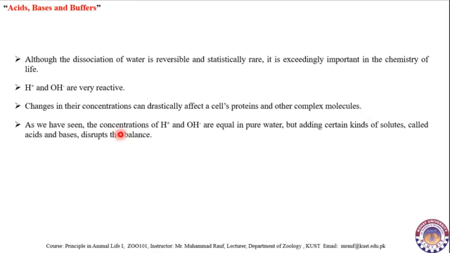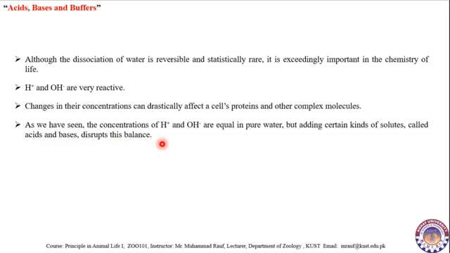As we have seen, the concentrations of hydrogen and hydroxyl ions are equal in pure water. When their concentrations are equal, the pH of water is 7, or neutral. But adding certain kinds of solutes called acids and bases disrupts this balance.